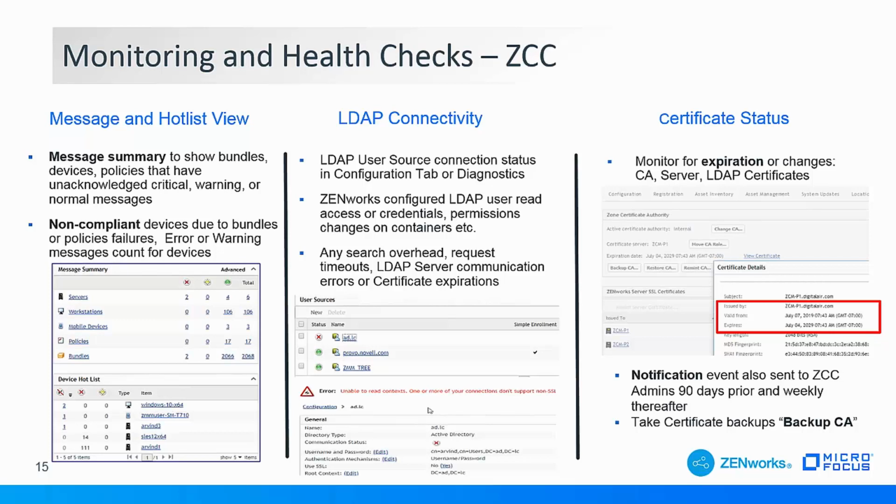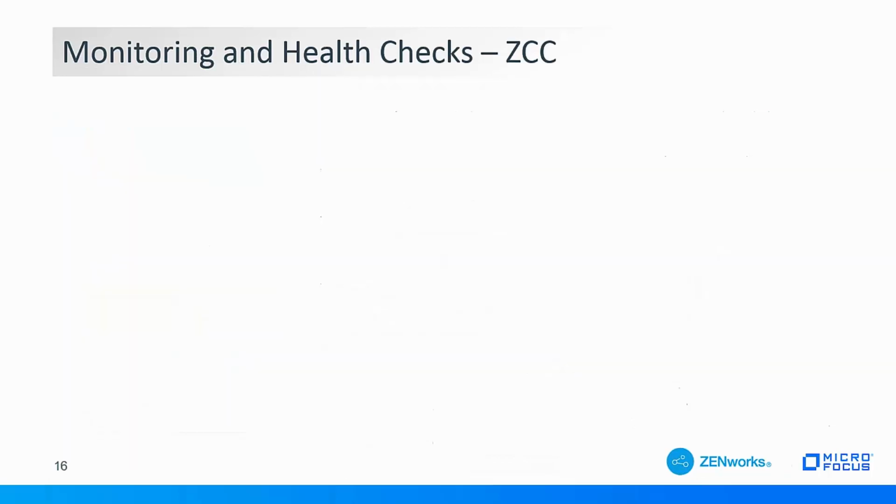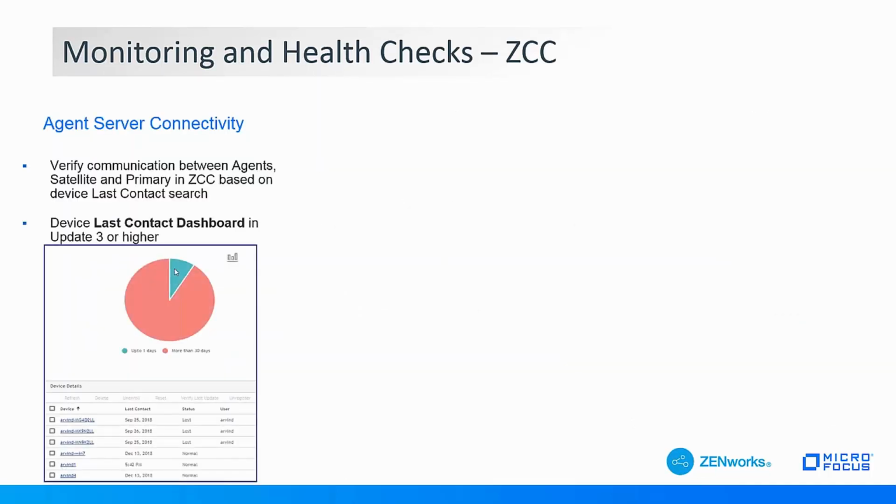There are some other areas where you can definitely check the connectivity for your managed devices in your zone, across all your devices. It could be satellite servers and primary servers. So from update 3, there's already a dashboard that can provide a nice view to see devices based on their last contact, and you can see all other attributes of the devices as well.